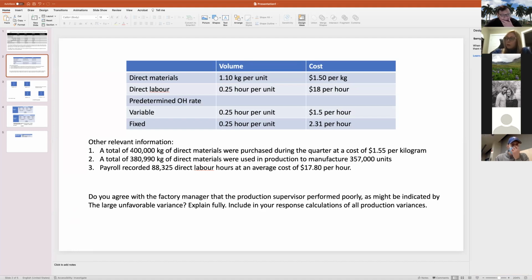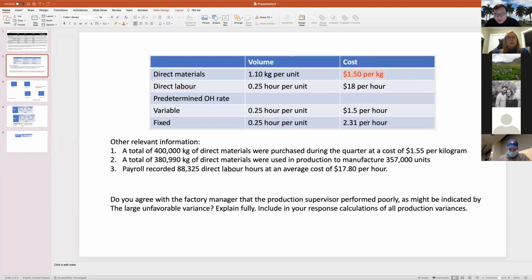So a total of 400,000 kilograms of direct materials were purchased at a cost of 1.55. So what is the standard rate per kilogram of direct materials? Can anyone tell me what is the standard rate for the direct materials? Jimmy? That would be $1.50. Yeah, $1.50, right here. Right.